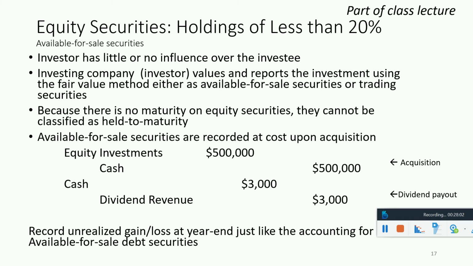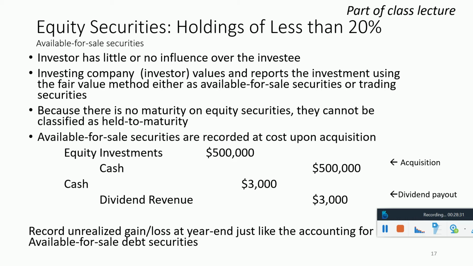Available for sale securities are going to be recorded at cost upon acquisition. So their journal entry is going to be a debit to equity investment and a credit to cash. That is very similar to an available for sale security that's classified as a debt instrument, the only difference being that instead of debiting equity investment, you're debiting debt investment.